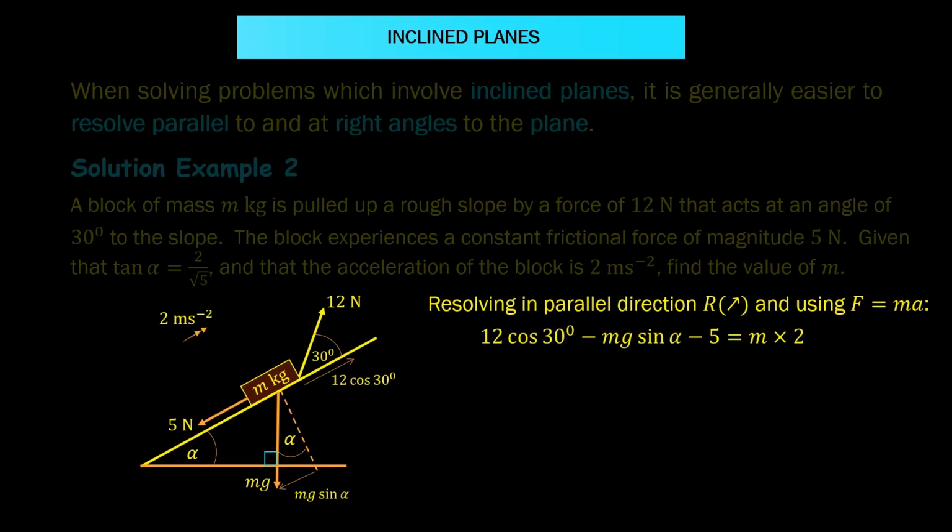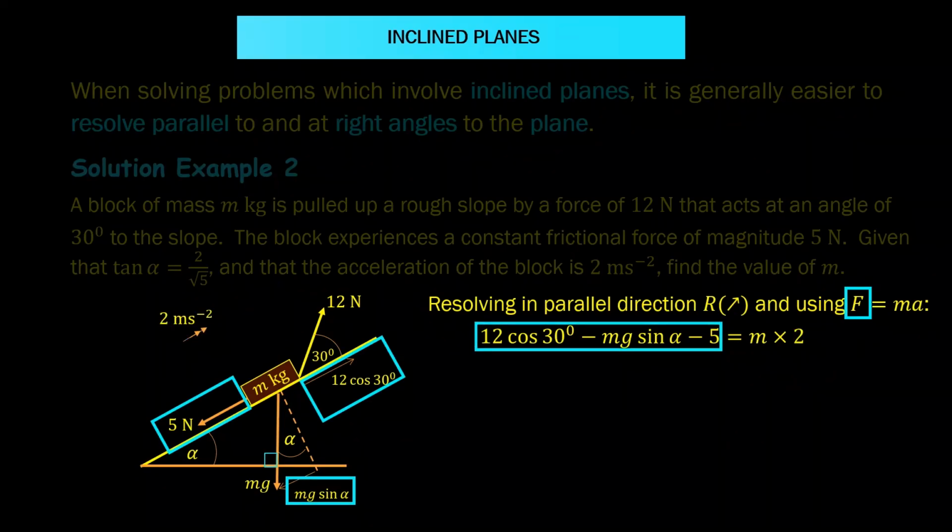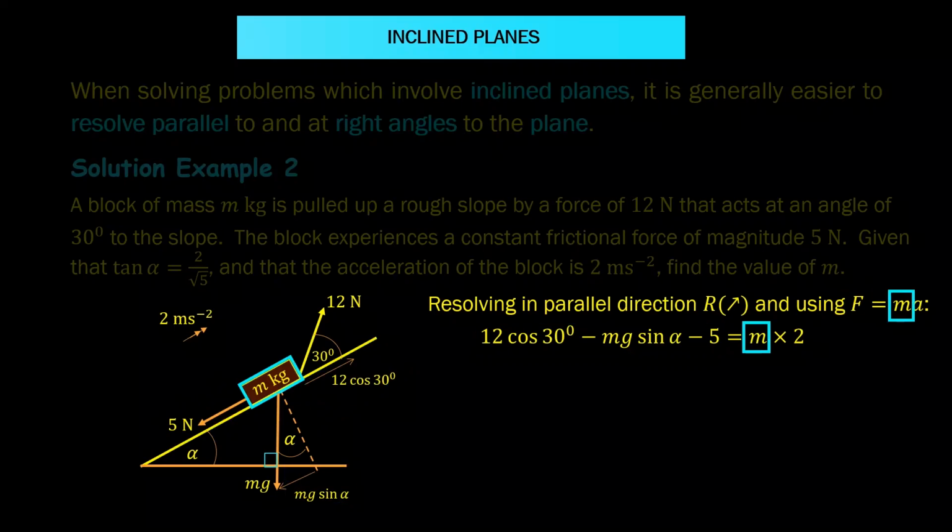So we have 12 cos 30 degrees minus mg sine alpha minus 5, as shown, equals mass times acceleration, so m times 2. So force equals mass times acceleration.